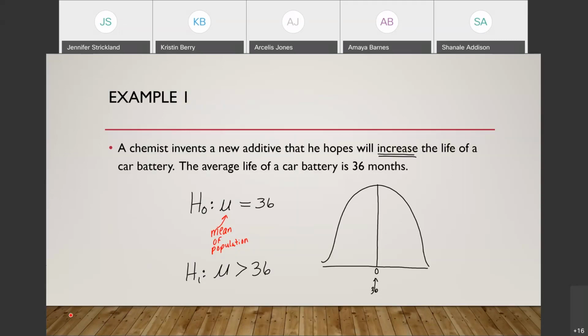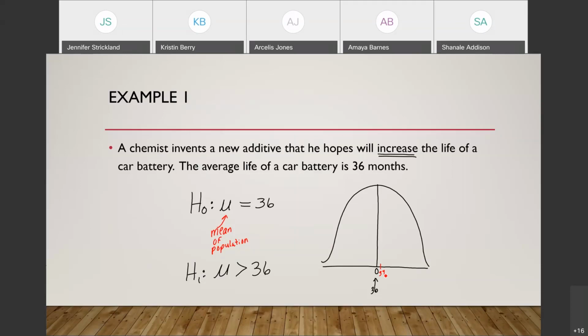So he's hoping that this additive that he puts in a car battery is going to make the battery last longer, right? Increase. Let me just give you some examples. Let's say he puts it in there and the battery goes to 37 months, which is going to be on the right side of 36, because it's bigger.